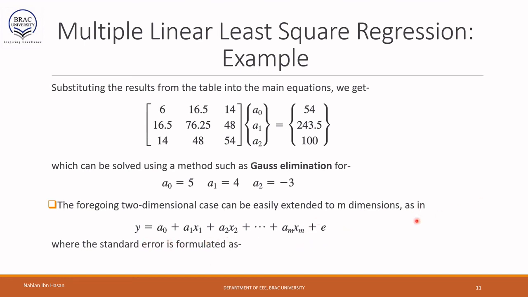That error term can be easily determined by subtracting the fitted line from the true values. And for the general purpose, we can determine the standard error of the fitted line, which is SR divided by n minus m plus 1. So this is the generalized equation of the standard error.